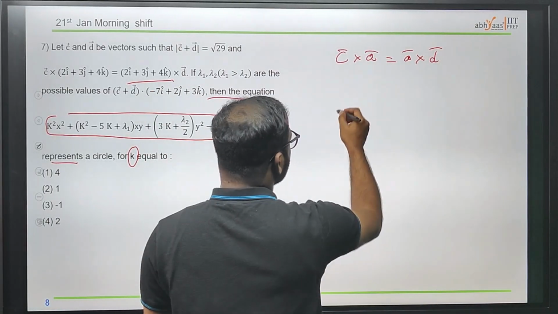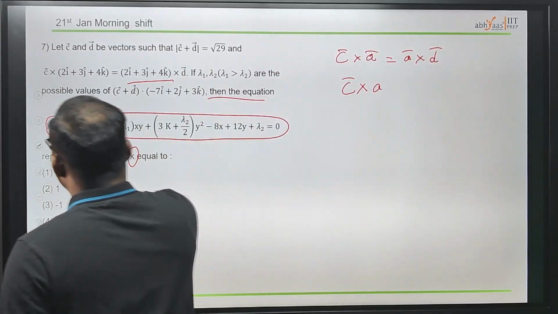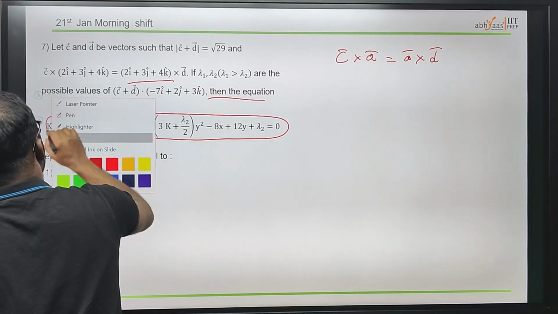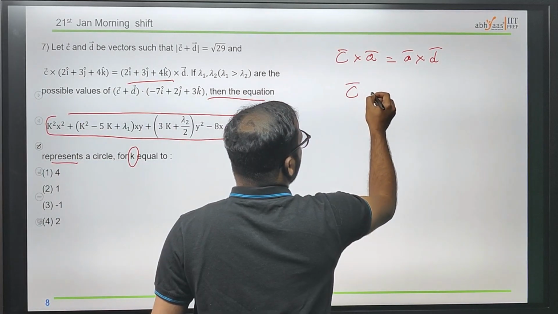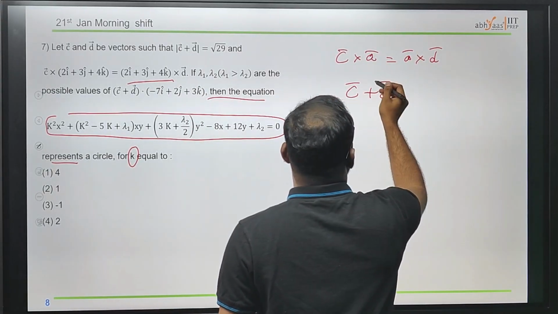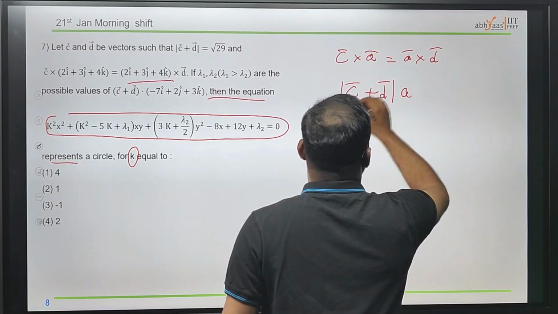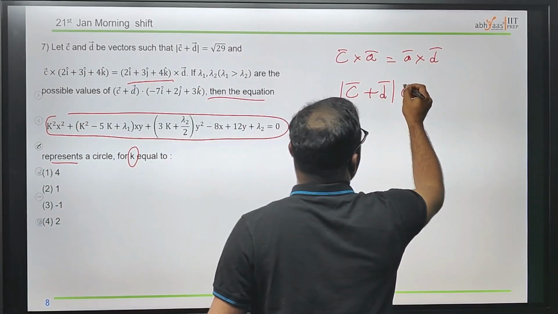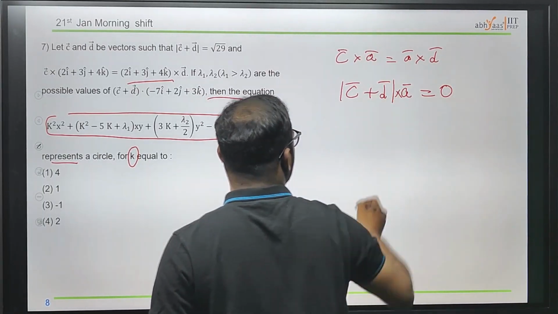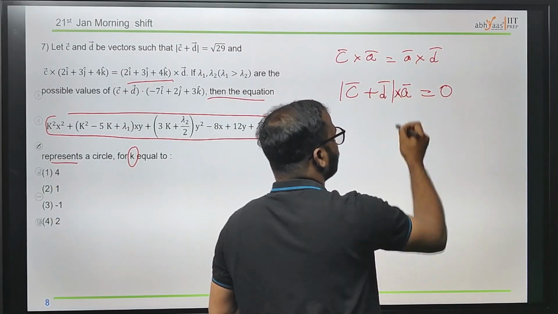Taking the common term, we have C bar plus D bar crossed with A bar, since the cross product distributes over addition, which is equal to 0. That is the reason we are using this. I hope you understood.